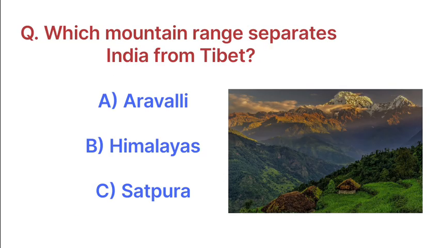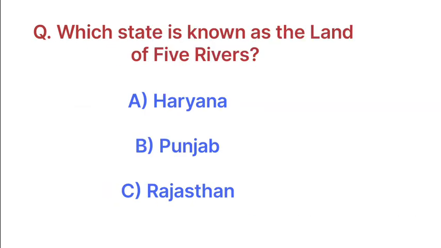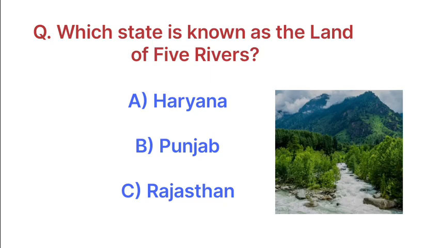Which mountain range separates India from Tibet? Answer: Himalayas. Which state is known as the land of 5 rivers? Answer: Punjab.